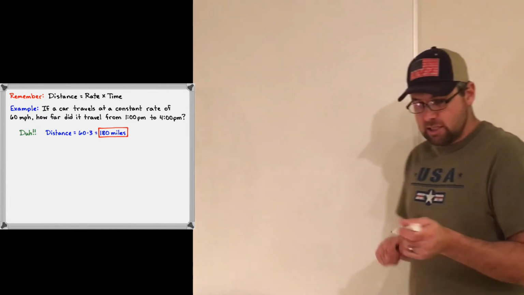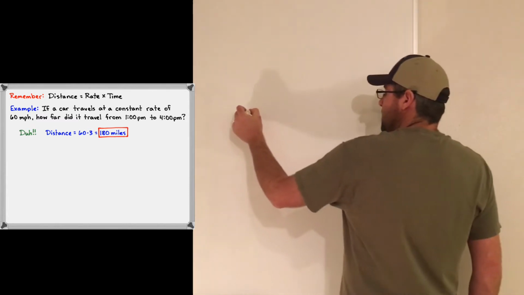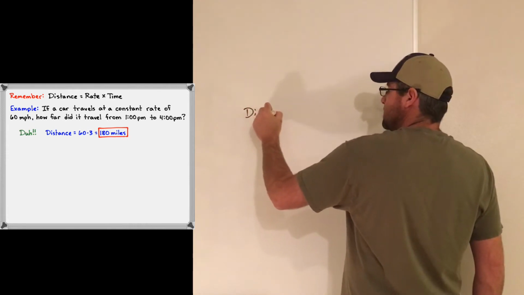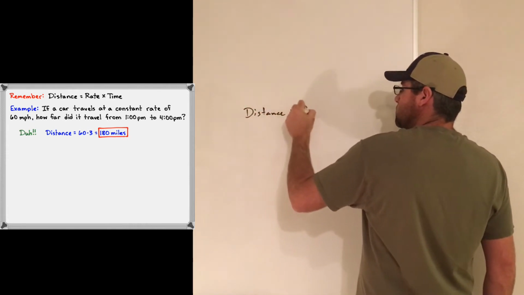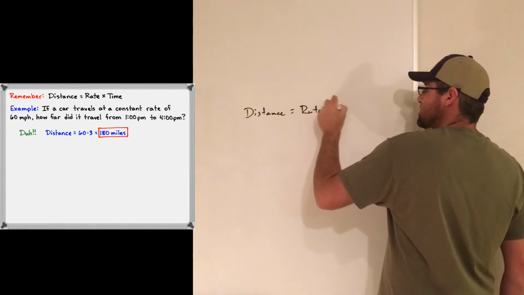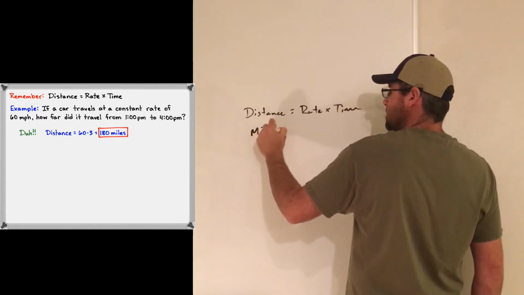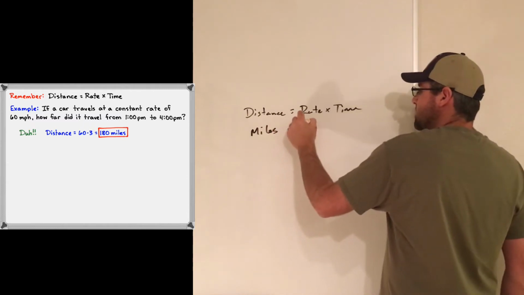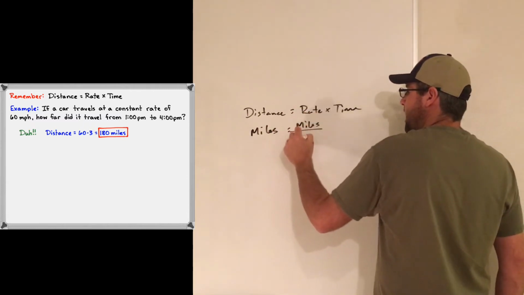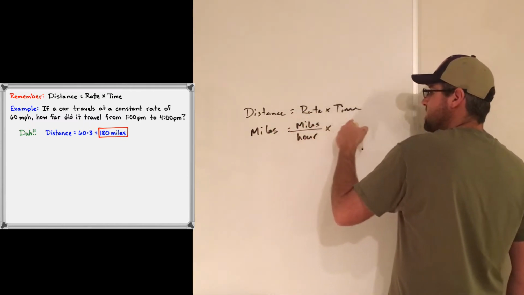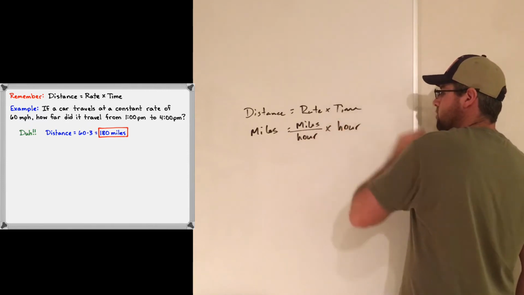Now, let's go through the units of this. This might help you. Distance equals rate times time. Thinking about units here, distance is going to be miles, and the rate is going to be in miles per hour, and then the time is going to be in hours.